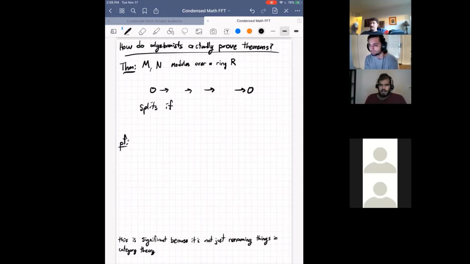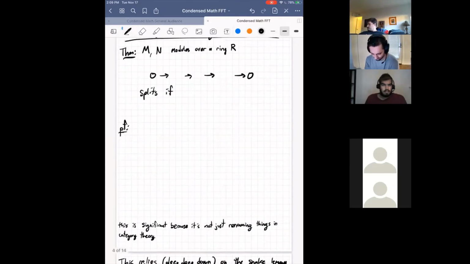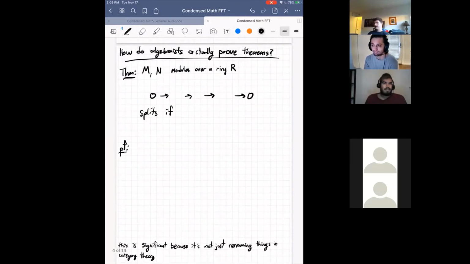So let me state a theorem that I want to prove. I have a short exact sequence, which will be N goes to M goes to M mod N. And I want to say this short exact sequence splits.